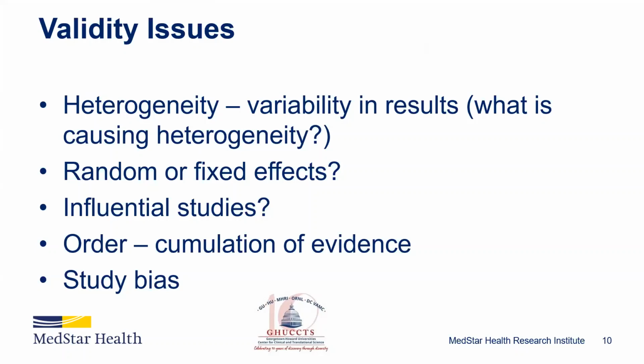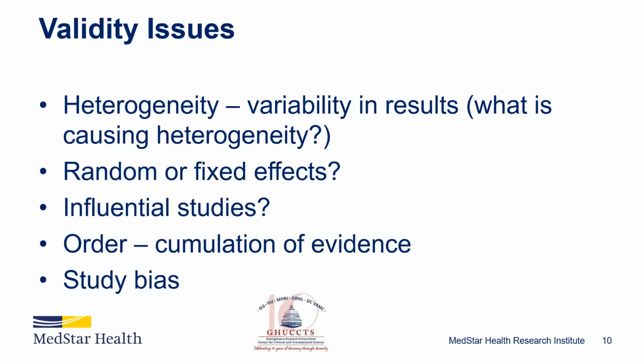In other words, if you have, say, a dozen studies in your meta-analysis, they're not all going to have the same treatment effect, say, for example, on the outcome. And so the variability, how do we account for variability within each study? And then other issues, there might be one study that's really influential, and how do we determine whether that's true or not?